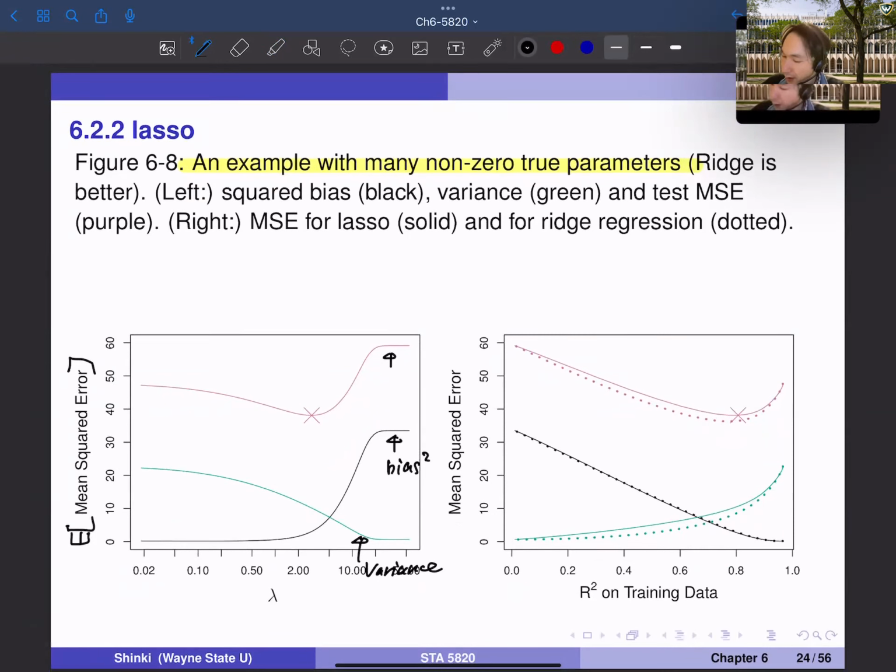The variance gets smaller if lambda gets larger, because we have a simpler model. When lambda gets smaller, the model is more complicated, with larger parameters, so the variance gets larger, but the bias gets smaller because it's a more flexible model. At some point, the sum of these two quantities is minimized. So this is the best lambda.